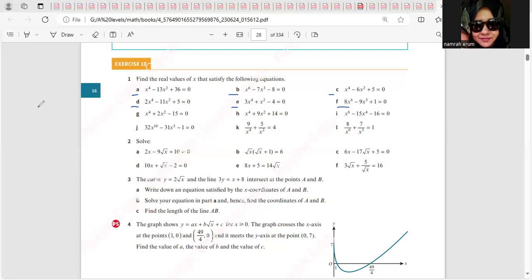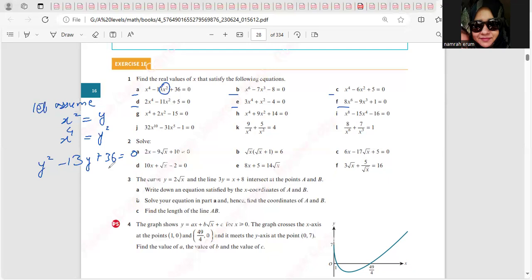Here you can just assume the middle term in terms of another variable. Assume x squared as y, right? So that means y squared would be equal to x to the power 4, right? So this quadratic equation can be rewritten as y squared minus 13y plus 36 is equal to 0, right?